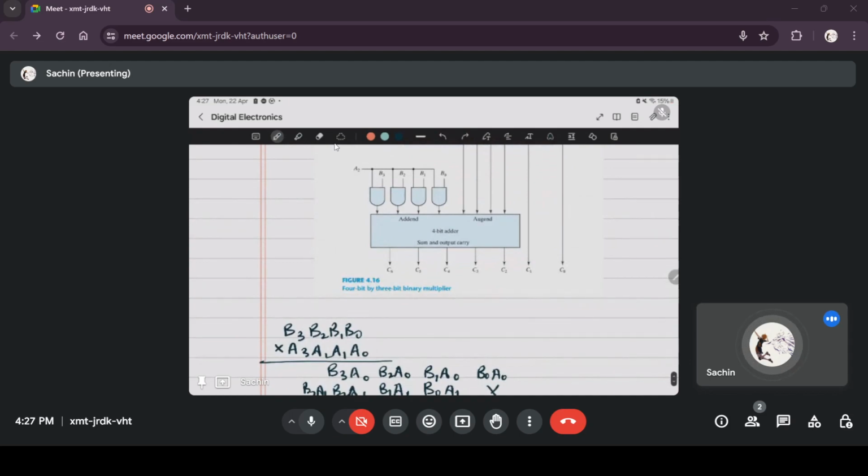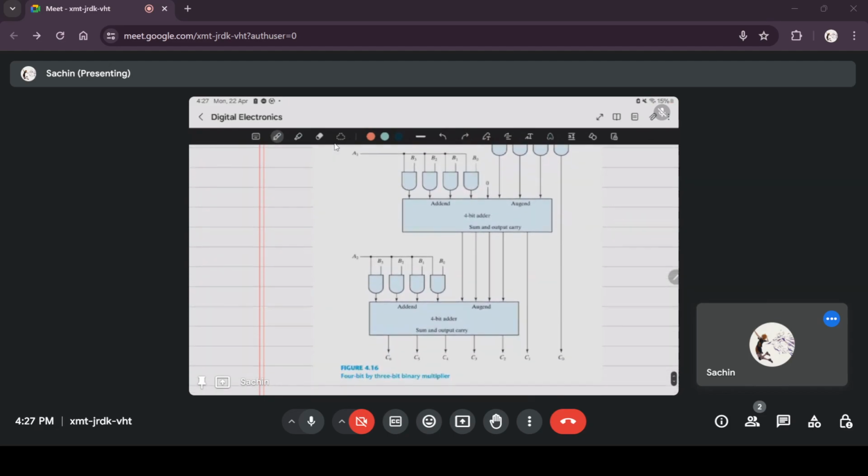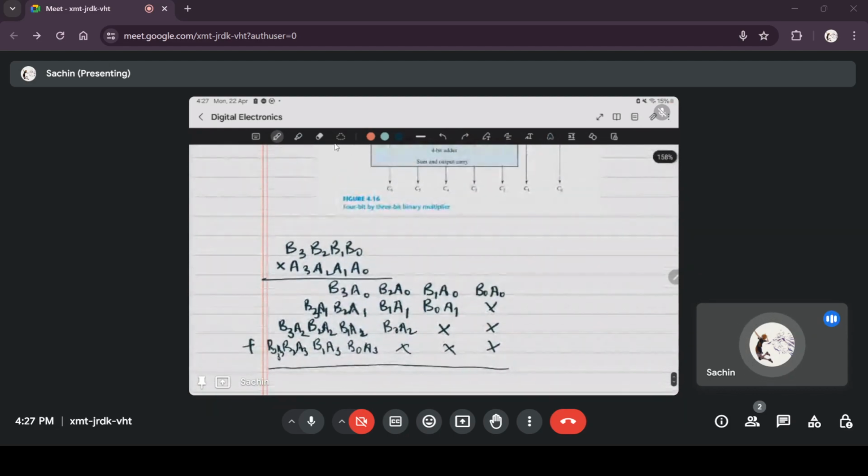So here it's only three stages. You just need to append one more stage, that's all.